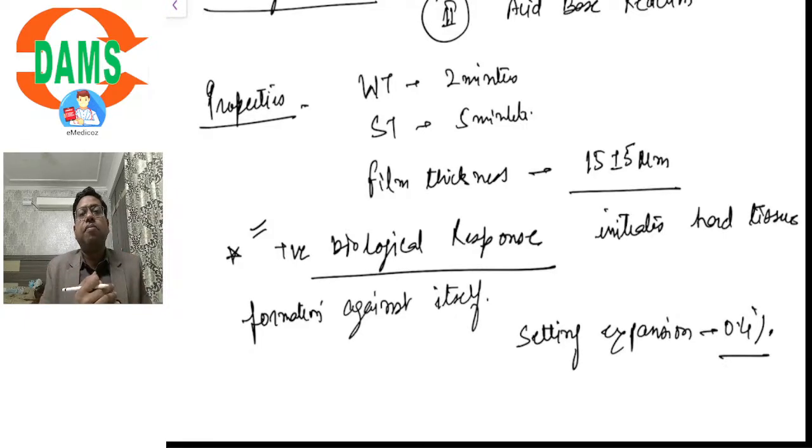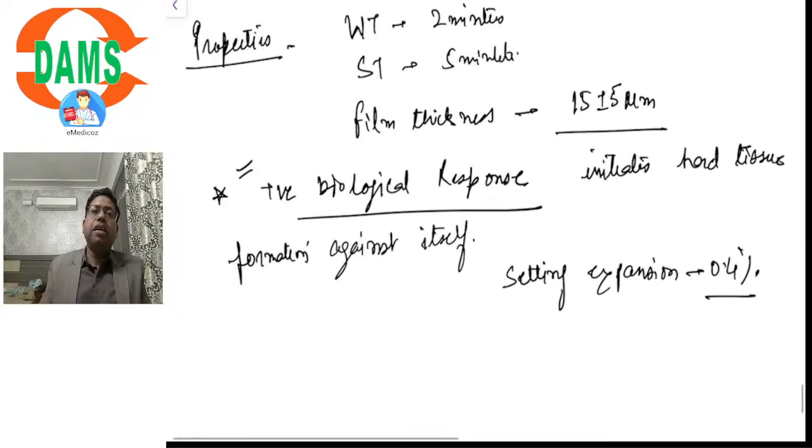So that helps in achieving very good marginal adaptation with calcium aluminate GIC, available under the trade name of Ceramir. This is conventional GIC, metal modified, resin modified, and calcium aluminate GIC, which are the contemporary modifications of glass ionomer cement.